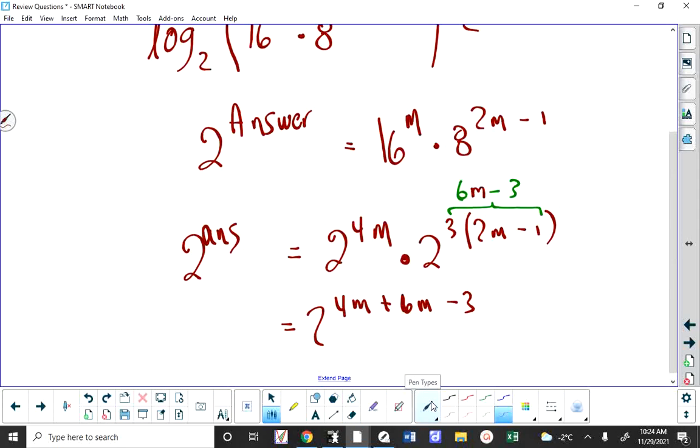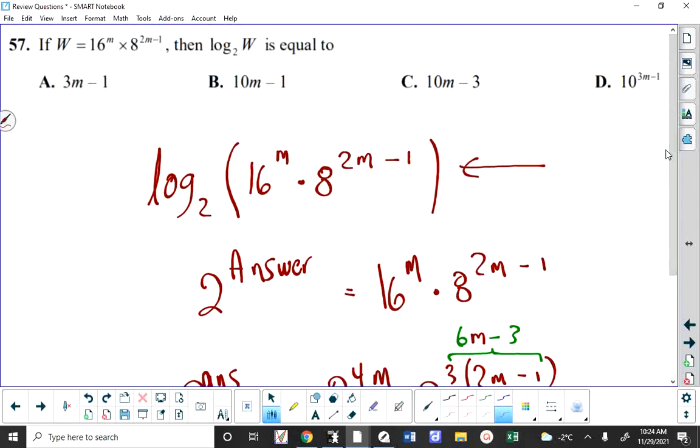It should be an m, of course. So it's 2 to the 10m minus 3, which means 10m minus 3 is the exponent to which you raise 2 to get 16 to the m times 8 to the 2m minus 1. Good.